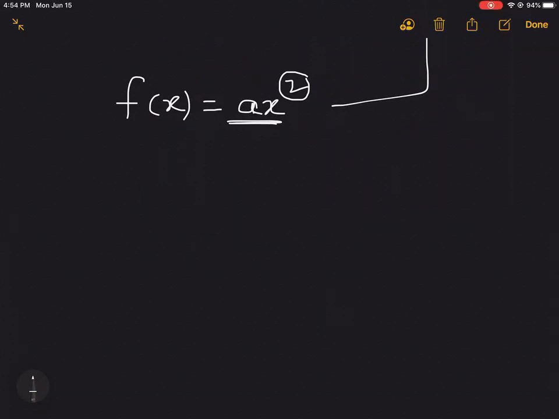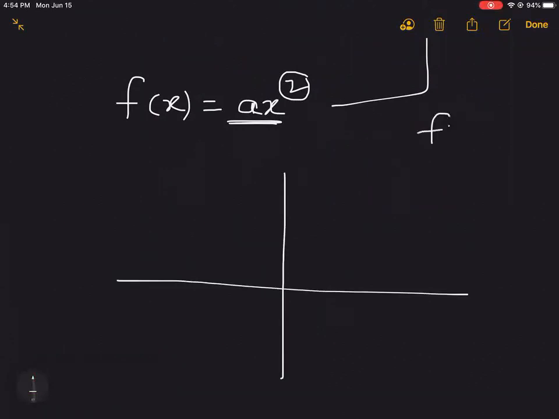Anyway, so if you have a problem like this, where a could be any number, of course, what does this mean? Okay, now we want to see one example of this, and I think this will make your life easier, right? So we know that the graph of f of x equals x squared looks like this, right?